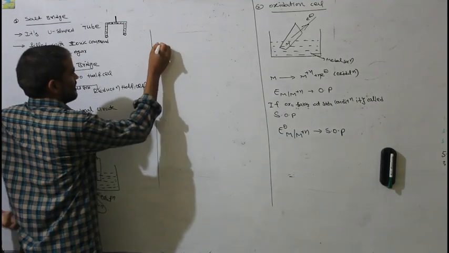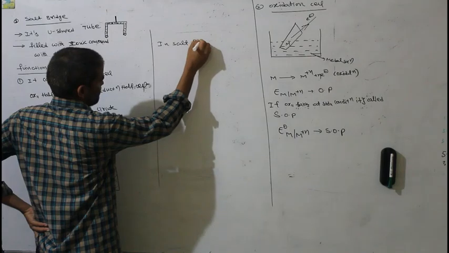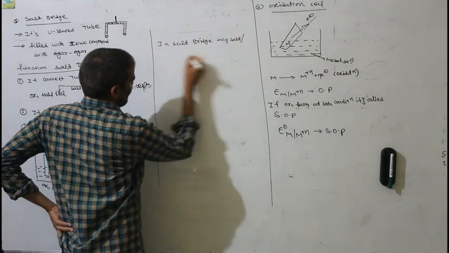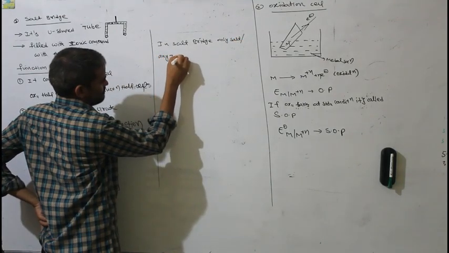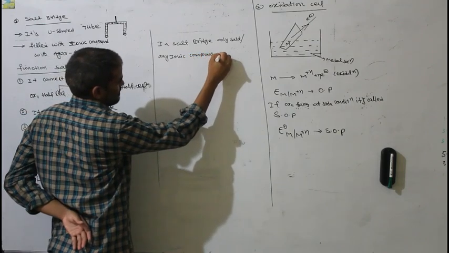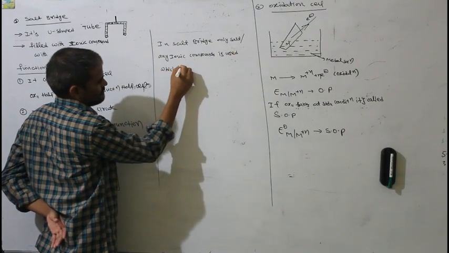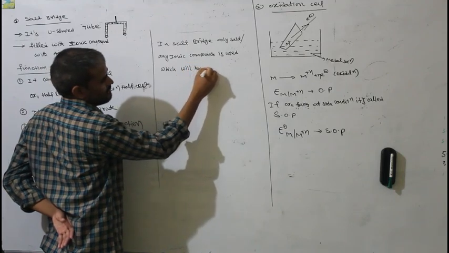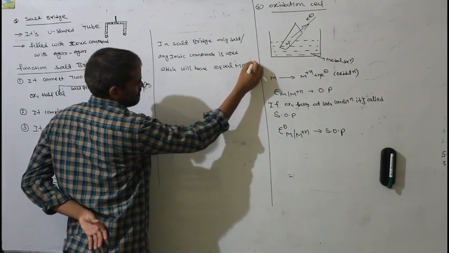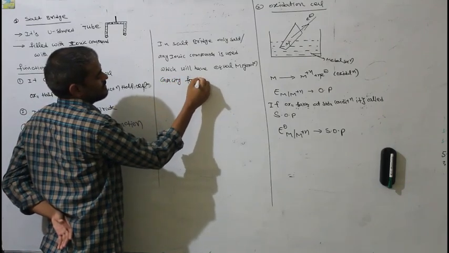The important note is, in a salt bridge only a salt or ionic compound is used which has equal migration capacity for cation and anion.